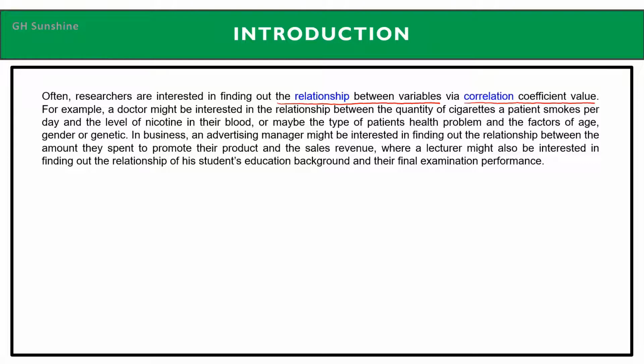Which one is the dependent variable? From this example, the quantity of cigarettes a patient smokes per day is the independent variable or factor. Meanwhile, the level of nicotine in their blood is the dependent variable, commonly known as the response variable. So the doctor can identify the relationship between the two variables using the correlation coefficient value.